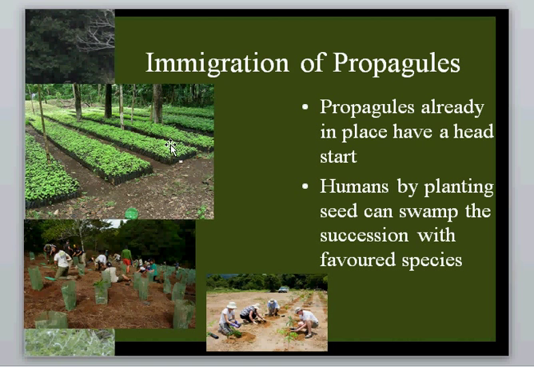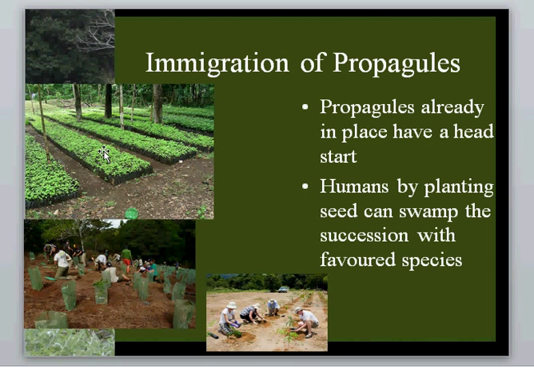So humans will swamp the newly created bare ecosystem with propagules of their choosing to achieve their objective. And if the objective is restoration, then they will be native seeds or seedlings, usually seedlings, of the species which were originally there.